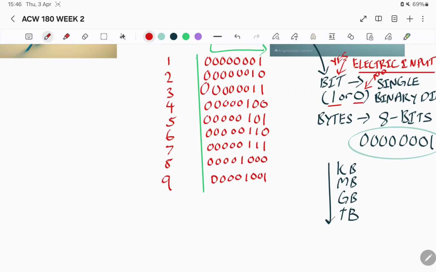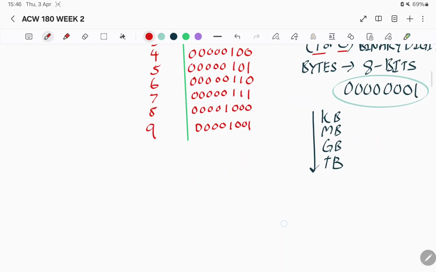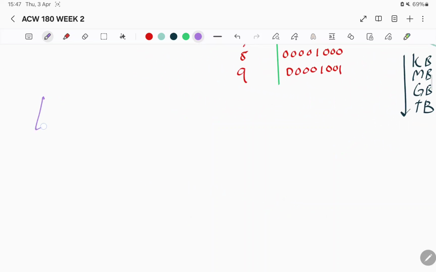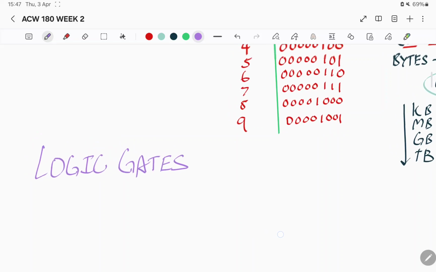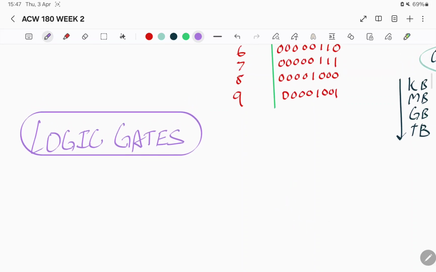If you want to go into detail, we can look at the operations, right? What they call here is the logic gates. This is the evolution thing. With the logic gates, we can do a lot of things.